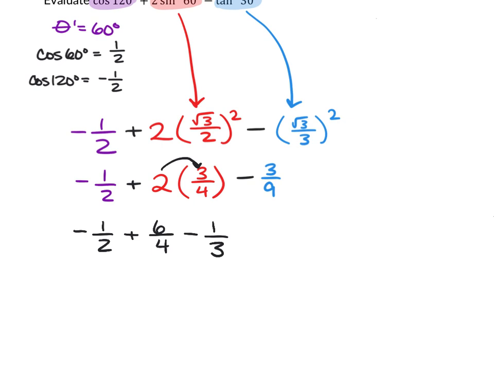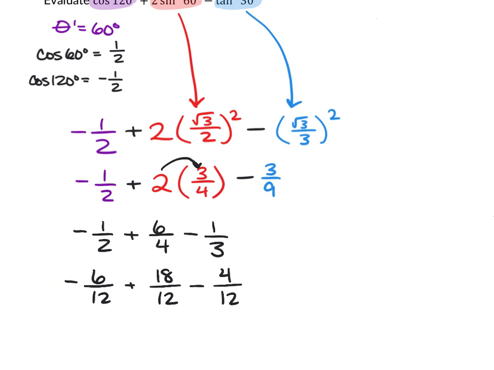So, we need to have a common denominator. What's the easiest common denominator to change all of these fractions to? 12. So, if I take negative 1/2 and make it out of 12, that's negative 6 out of 12, because 6 is half of 12. 4 times 3 is 12, so 6 times 3 is 18. 3 times 4 is 12, so 1 times 4 is 4.